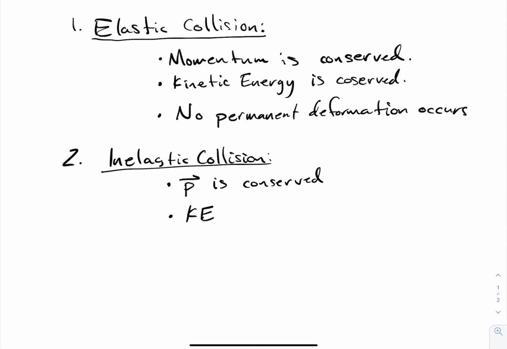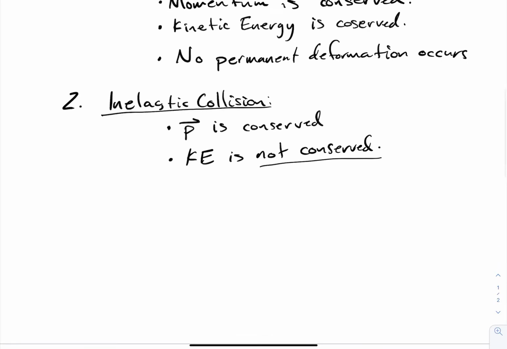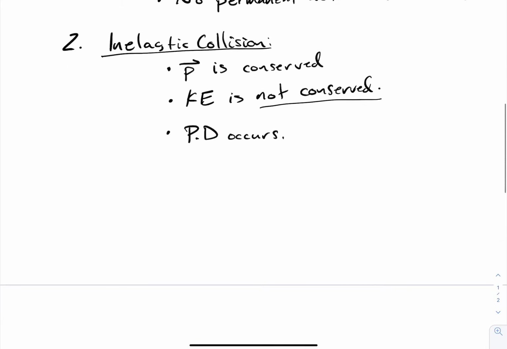Kinetic energy is not conserved. And I'm not saying that energy is not conserved. I would never say that, but I am saying specifically that the kinetic energy in the collision is not conserved. And finally, permanent deformation occurs. So the bodies involved in the collision will be permanently deformed from that collision.